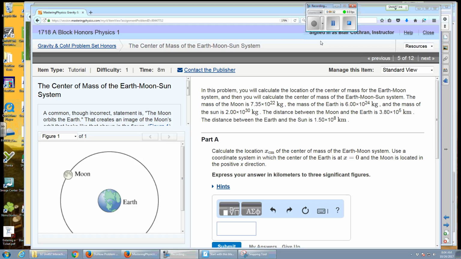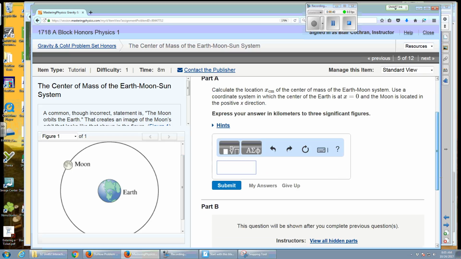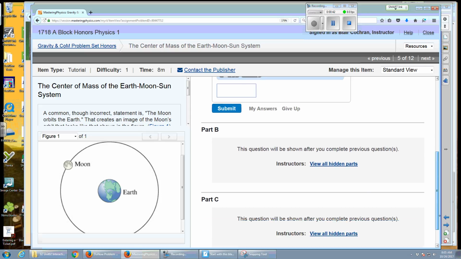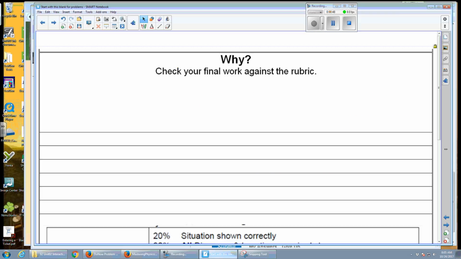So they provide me with that little fun diagram, and I have to figure out the center of mass, and then my guess is other things also. So I'm going to start off with 2 diagrams. So this is number 5 here.